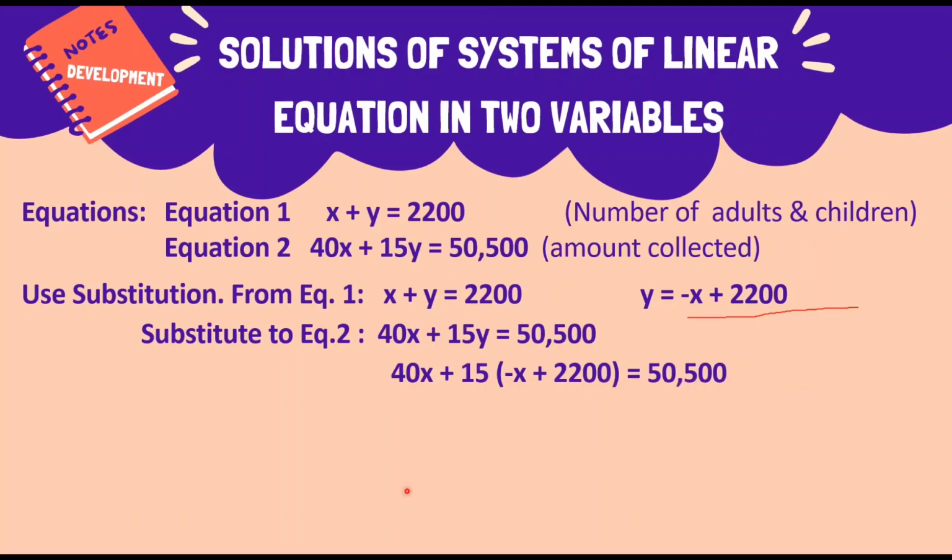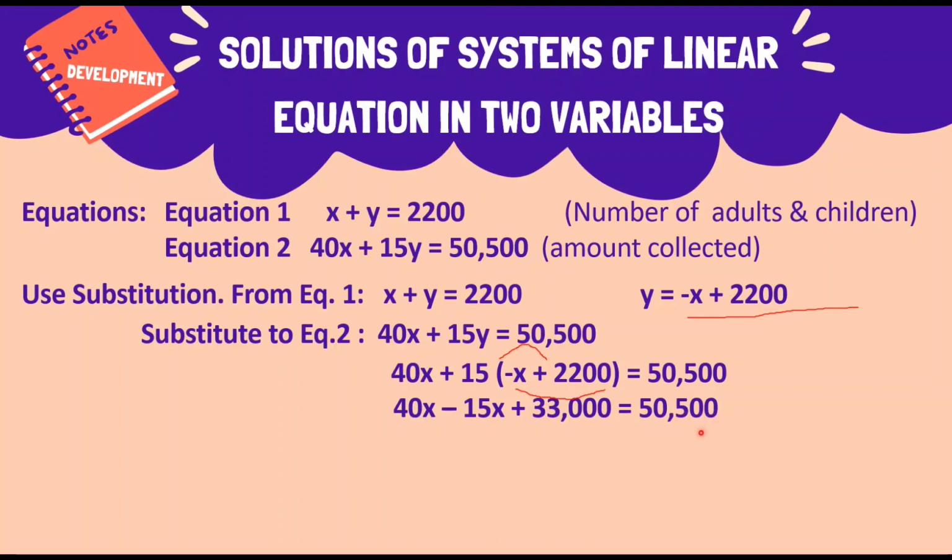And then let us multiply, syempre. We have 15 times negative x, negative 15x, and then 15 times 2,200. Okay, so we can have 40x minus 15x, kasi positive 15 times negative x, we have negative 15x. And then positive 15 times 2,200, we have 33,000 is equal to 50,500.